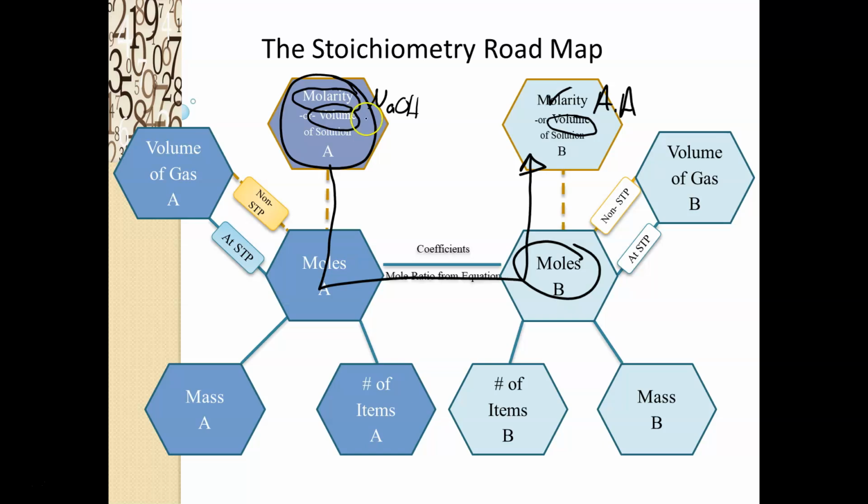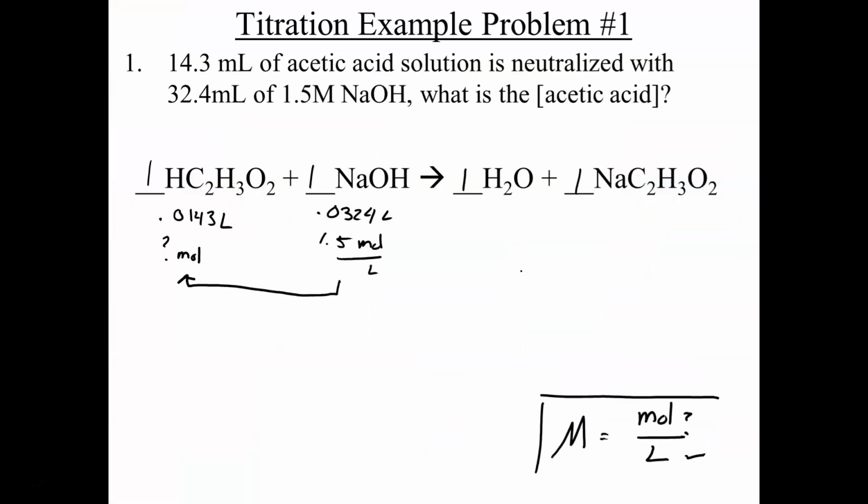Let's go from our molarity and volume of NaOH to moles, and let's go to moles of acid and go from there. Okay, let's go ahead and start this. We're going to start with 0.0324 liters of NaOH.